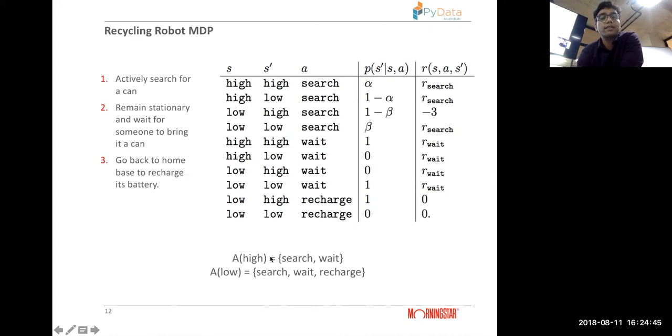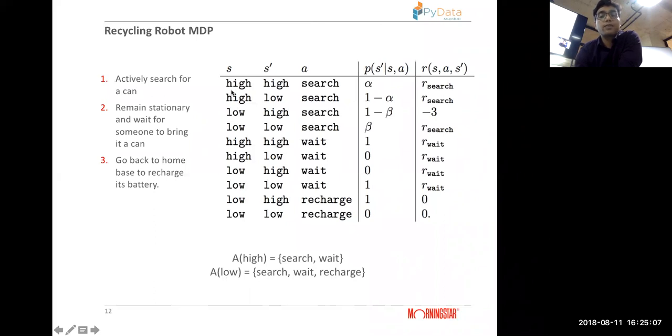In the high battery state, it can either search, go around and lose battery, or wait and collect. In the low battery state, it can search, wait or recharge. It has to recharge because in the low battery state it can stop anytime, and we want to maximize the reward, so there should be recharge also. It should not stop.